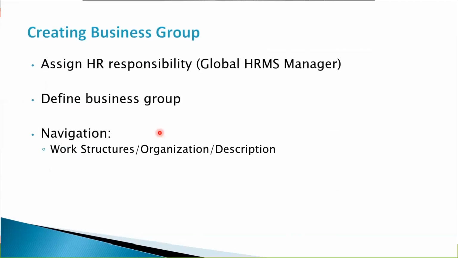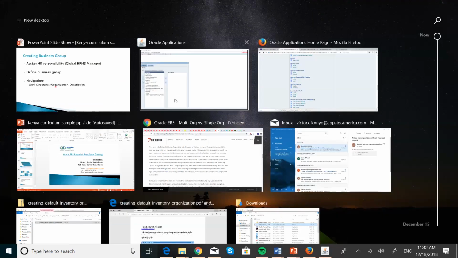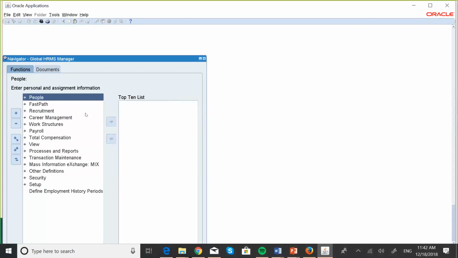This is the navigation if you want to create a new business group, which is a kind of organization. And just to emphasize, this is something that you only probably use in this part of the setup, setting up the business group.